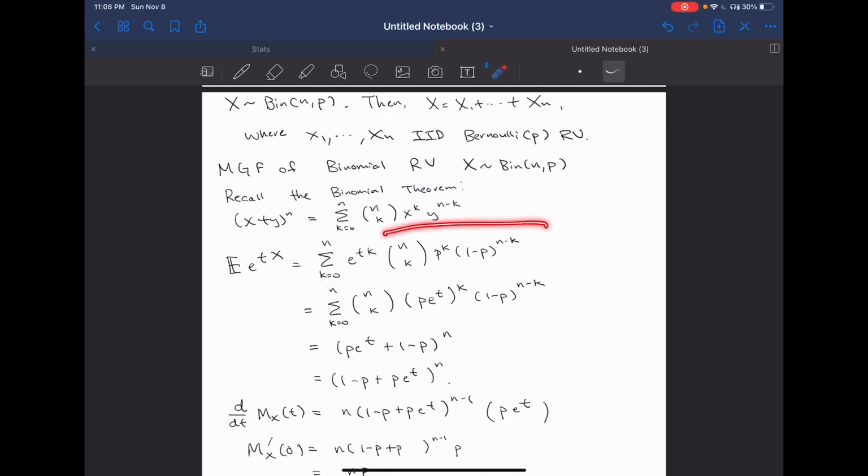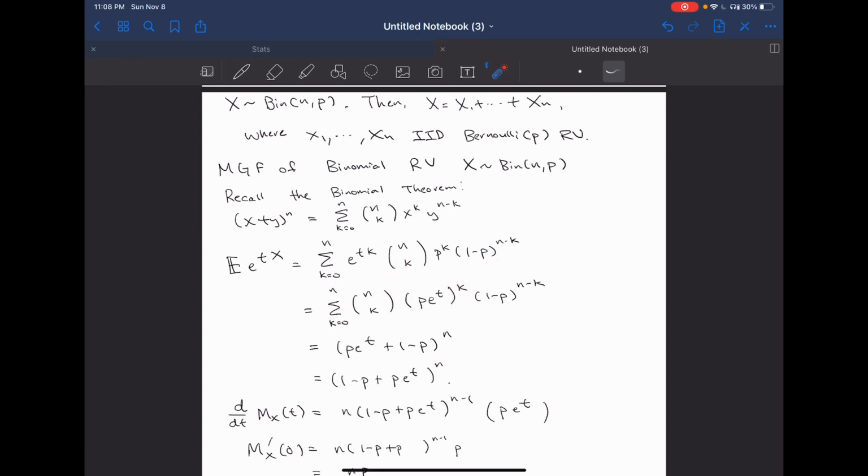And then this part is just the PMF, the probability mass function of the binomial random variable. To go from this line to the next line, we have this e to the tk and we have the p to the power k, and then we just factor it into p times e to the t, all to the power k. And everything else is the same.